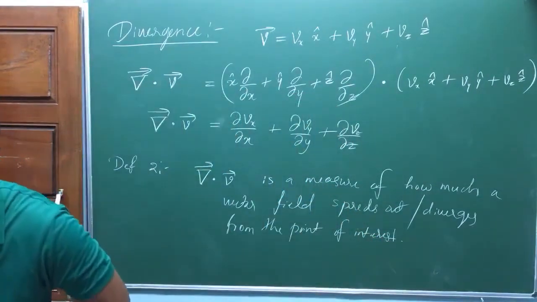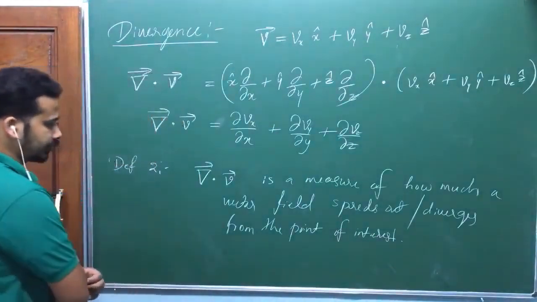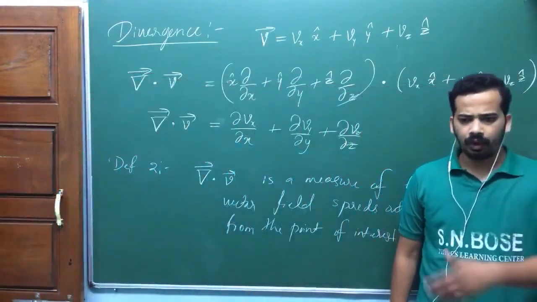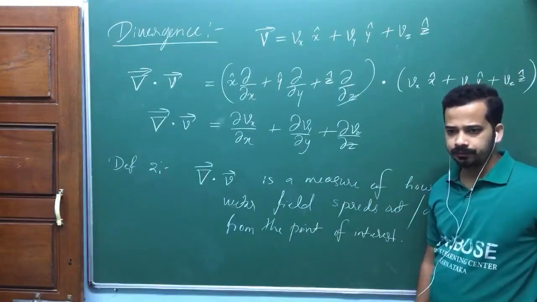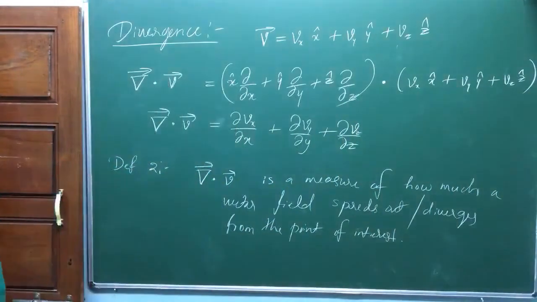It's a measure of how much vector field V spreads out from the point of interest. If it spreads more and more, then divergence will be more. Outward flux of the small volume element will be more, isn't it? So exactly, you can link with the earlier definition.